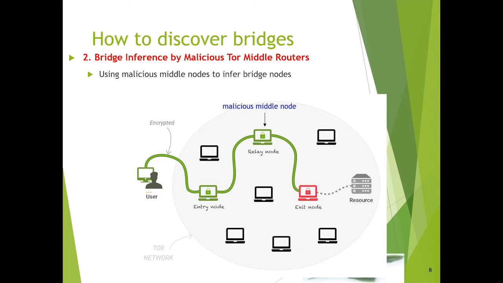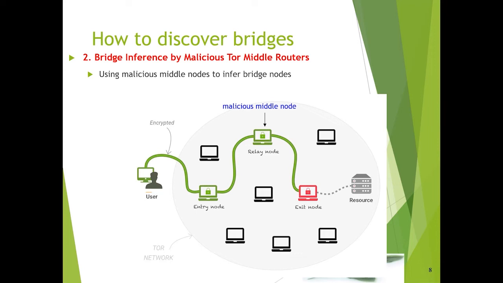The anonymous circuit of the Tor network is composed of entry, middle, and exit nodes. The entry node may be a general public Tor router or a bridge node. The anonymous traffic received by the middle node comes from the entry node. A malicious middle node can obtain the IP addresses of all entry nodes by examining the source IP of received data packets.